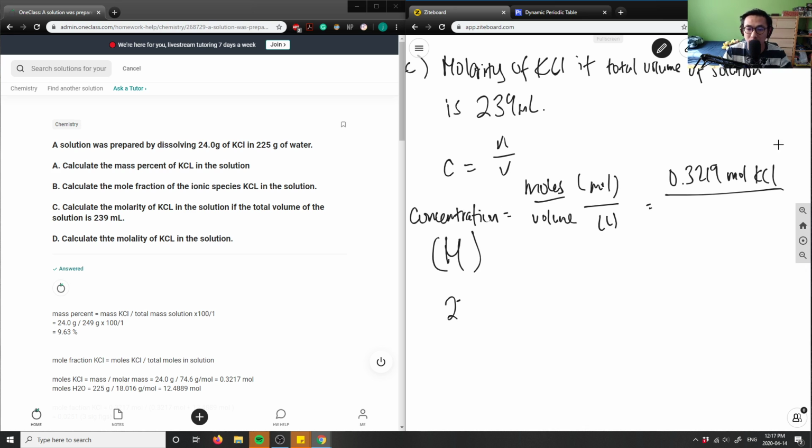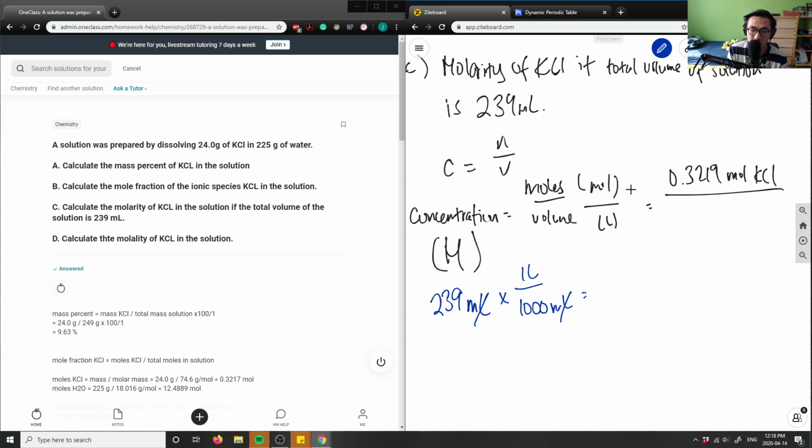I'll do some blue, because it's side work here. We want the SI unit for concentration, which is moles per liter. And we're given our volume in milliliters, so we have to convert this into liters. In order to do that, we divide by 1,000. So 1 liter equals 1,000 milliliters, and these two cancel out, which means I'm dividing.